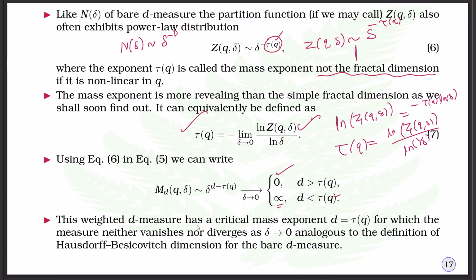The weighted d measure has a critical mass exponent d, that means d equals τ(q), for which the measure neither vanishes nor diverges.